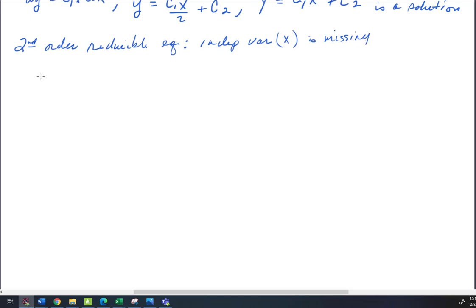So the equation would look like f of y, y prime, y double prime equals 0, and the substitution is going to be, well, we're going to let p equal y prime again.